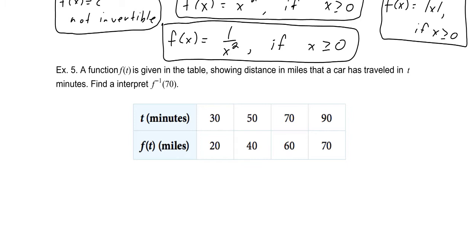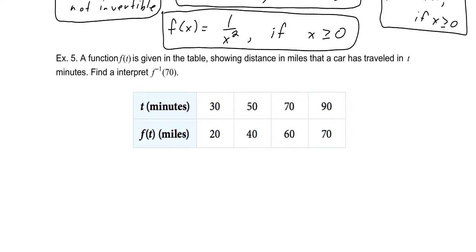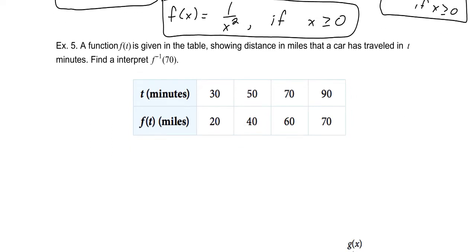If f of t, a function, is given in this table, showing distance in miles that a car has traveled in t minutes, then we want to find and interpret f inverse of 70. Well, f inverse of 70 means that my output is 70, and that would match with my input of 90.